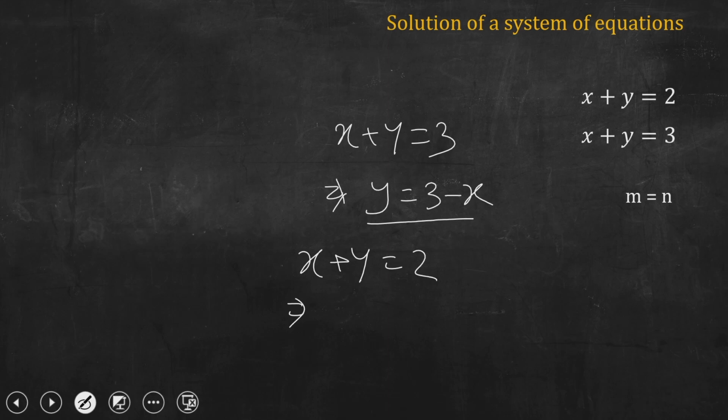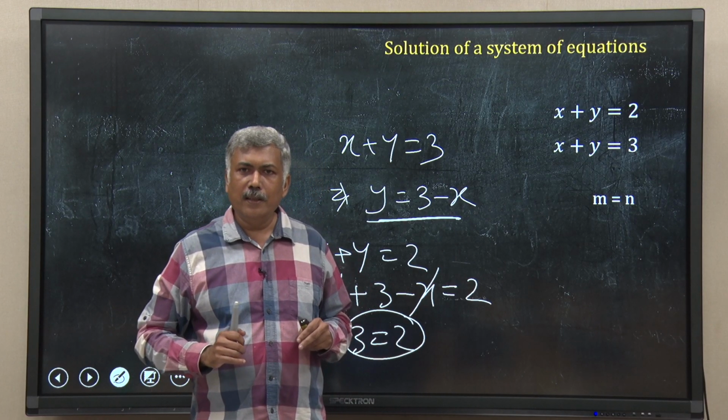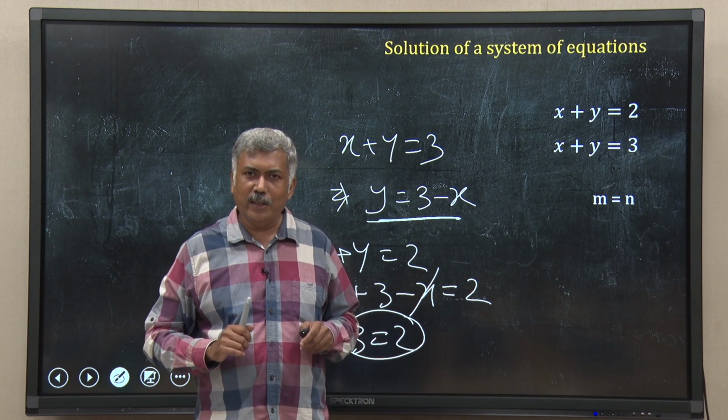I replace y, so x plus 3 minus x equals 2. The x and x get cancelled, I get 3 equal to 2, absurd. This can't be possible, you are getting an absurd answer. Why is it so? Let us plot the graph and it will be clear.